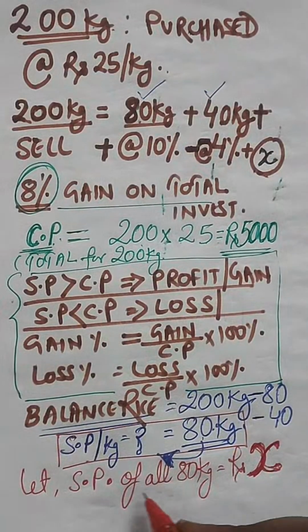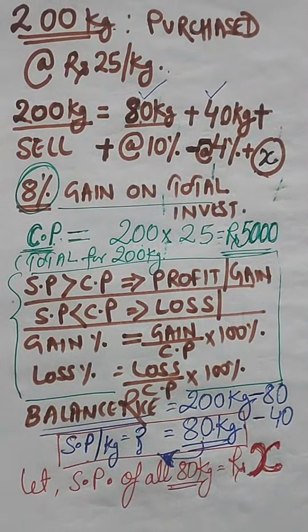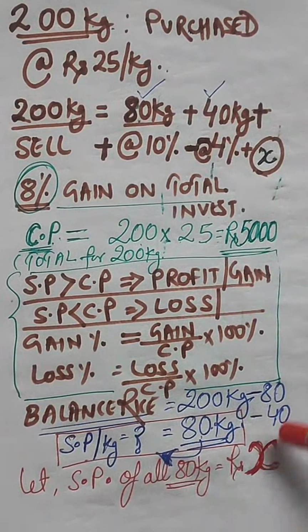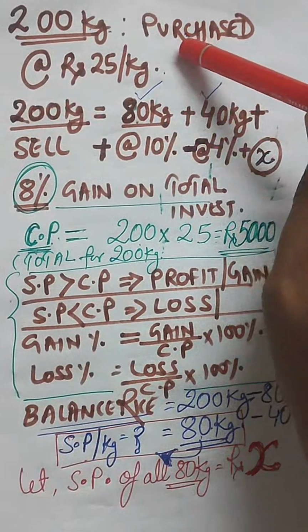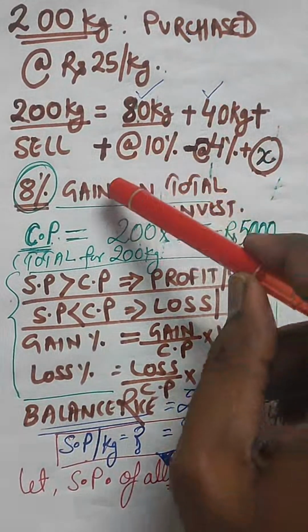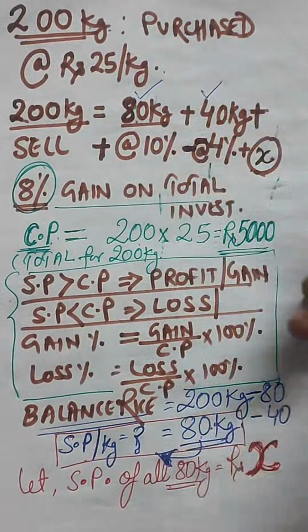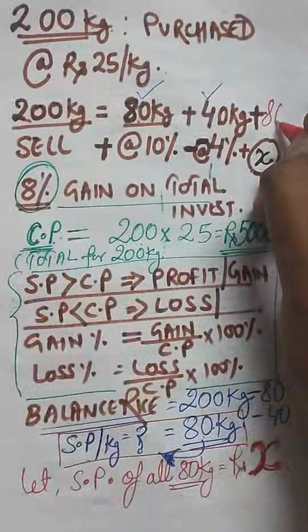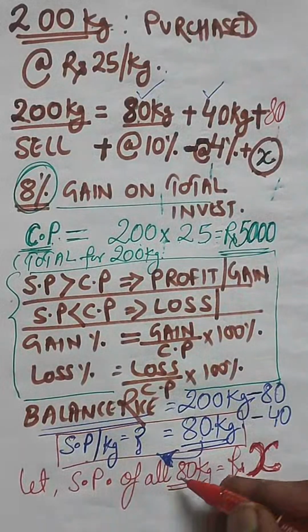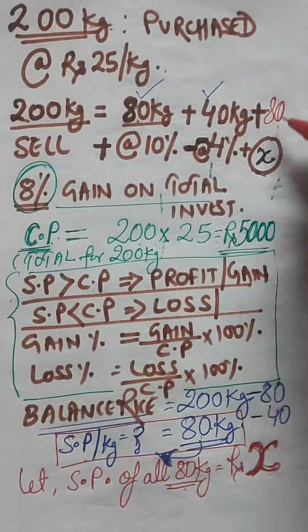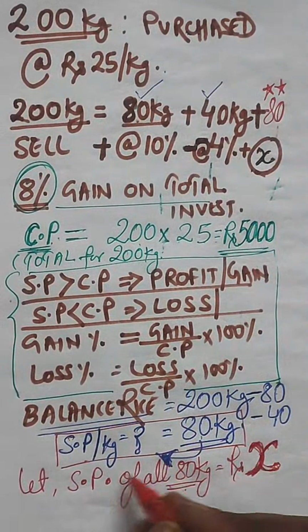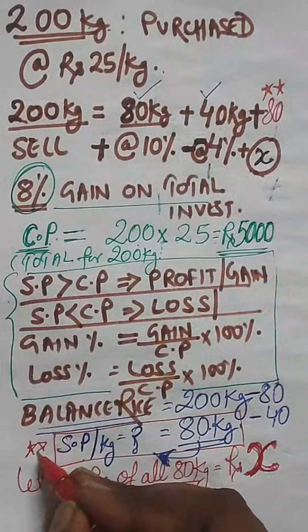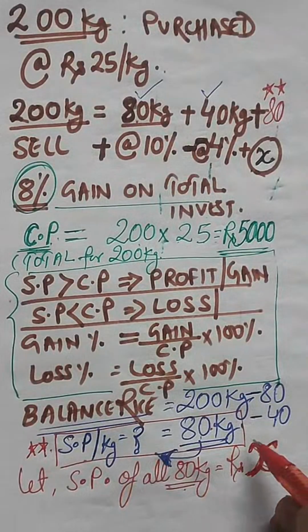So rupees x is the selling price of this 80 kg, right? So what we did: the grocer purchased 200 kg and sells this entire 200 kg in three installments, 80 kg, 40 kg, and this 80 kg which we calculated. This is the same 80 kg which is here, right?